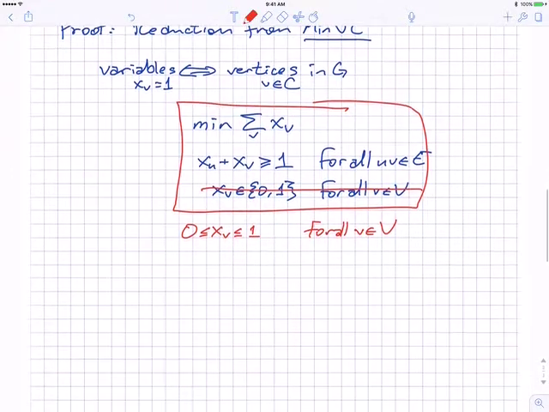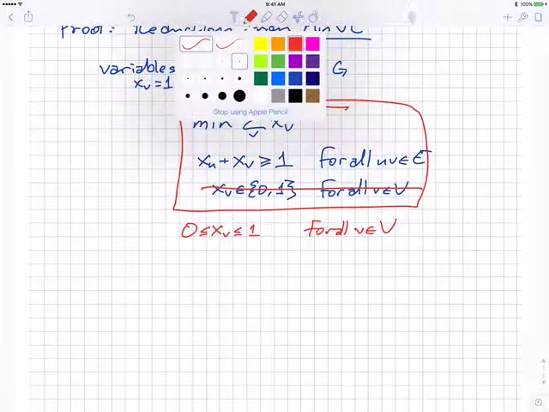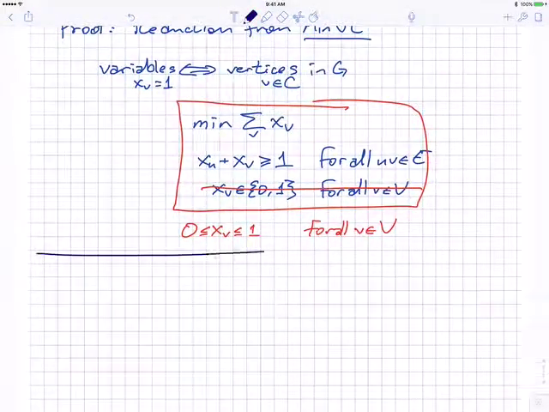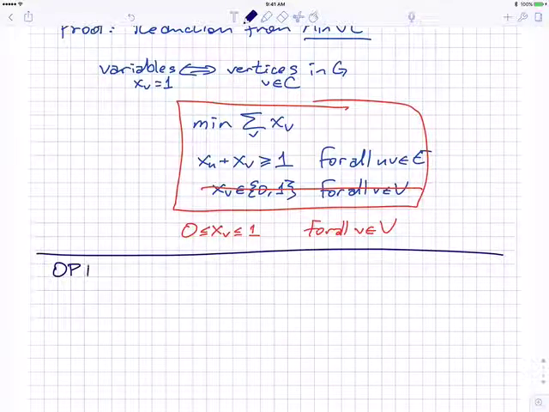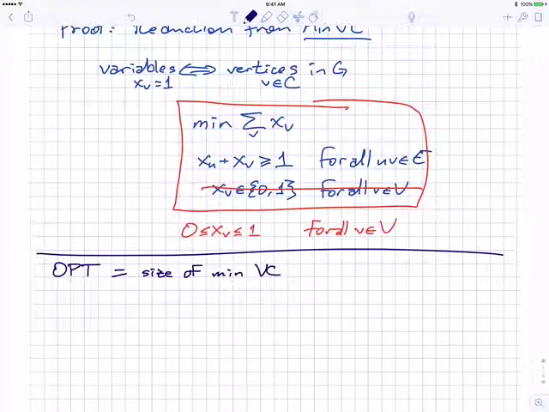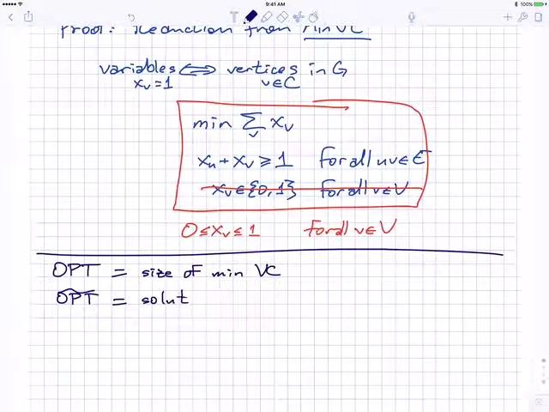Okay, so let me write opt to be the size of the minimum vertex cover. And I'm going to write opt with a twiddle over it to be the solution to the LP relaxation.